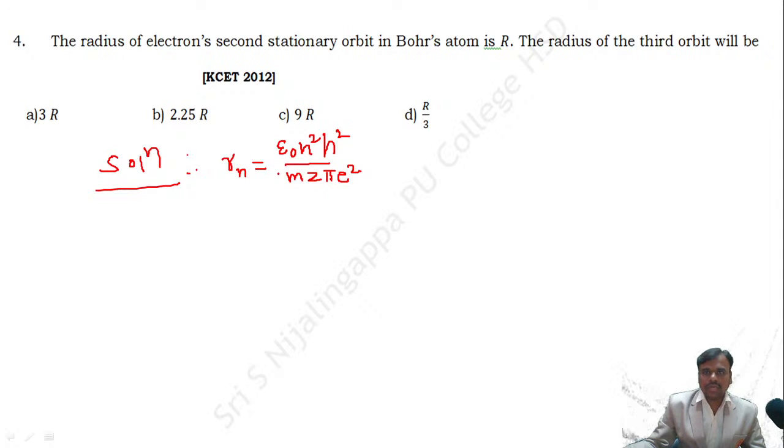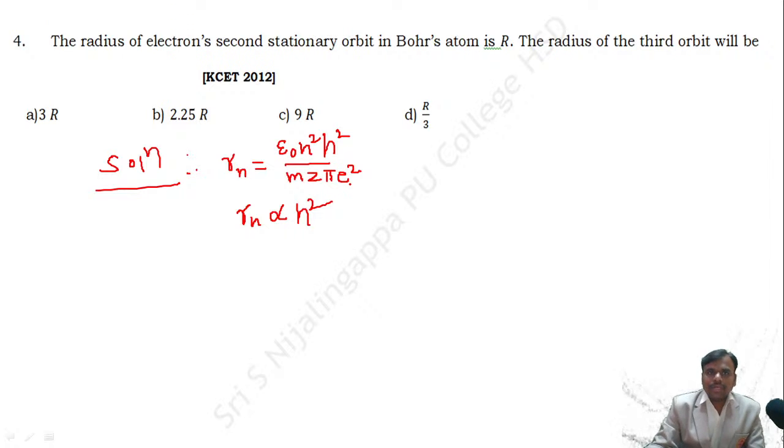But here we have to calculate what is the radius of the electron orbit in the third orbit of hydrogen atom. Therefore, by seeing this relation, we can write Rn is directly proportional to n square, because the remaining terms are always constant. For hydrogen atom, Z is always constant, that is Z is 1. Therefore, here we know the R1 value. What is the R1 value?